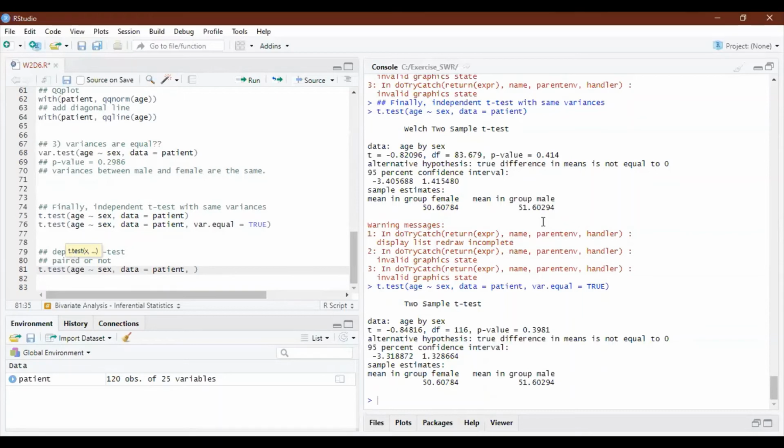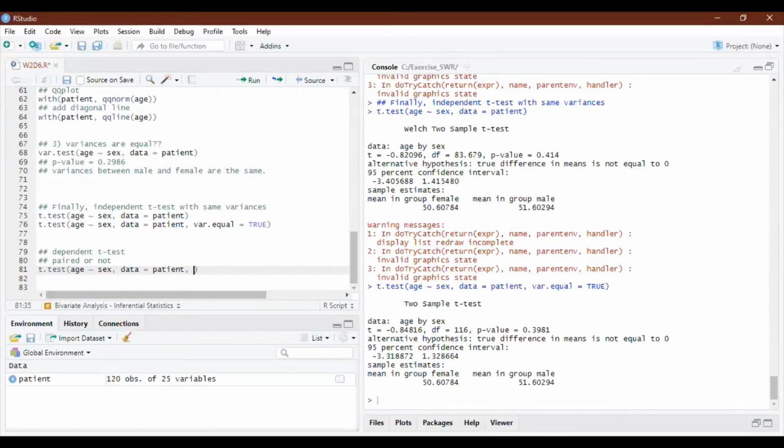Say that this patient data, we call it the couple data, the married couple. So male and female are married to each other. Let's assume that.